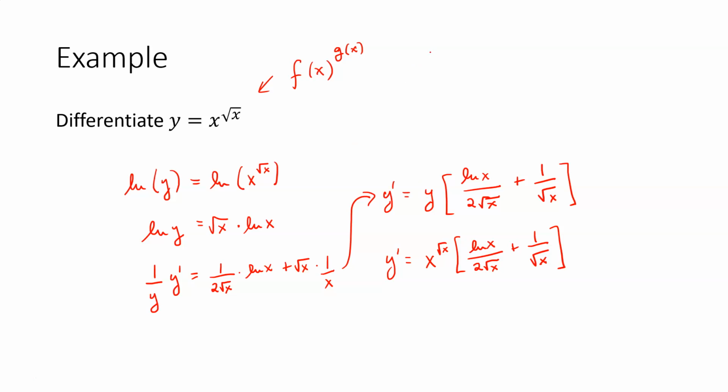An alternate way, so you can perhaps try this out on your own if you want, you can express f of x to the power of g of x as e to the ln of f of x to the g of x, so that would be multiplied by g of x. And you can work it out this way. Here I would be careful doing it this way, but you should get the same result if you do it this way.